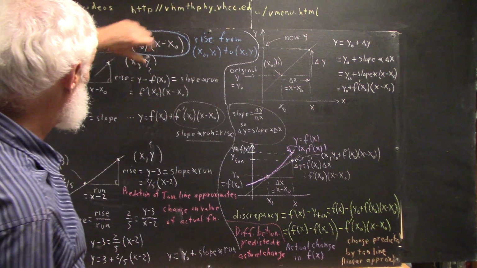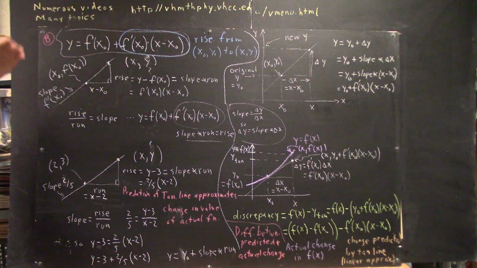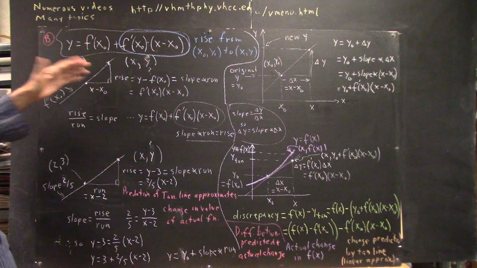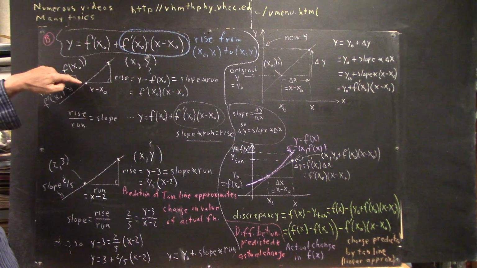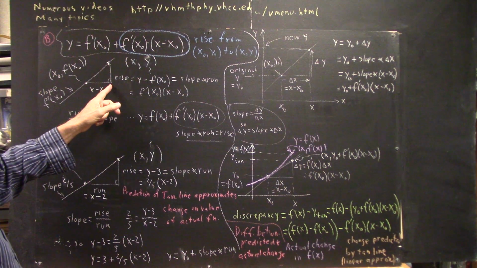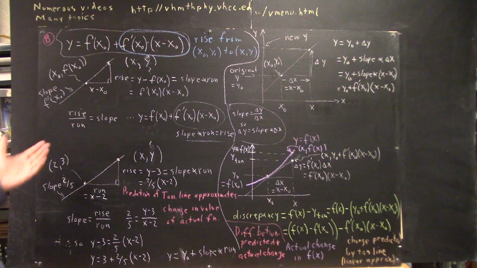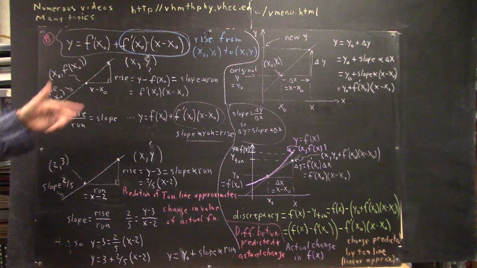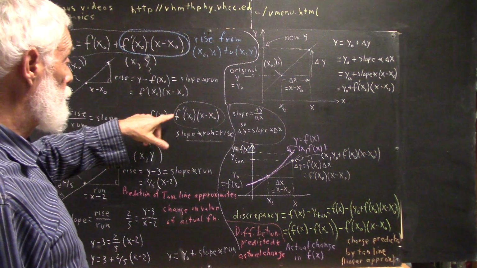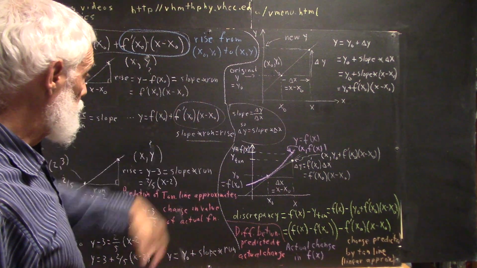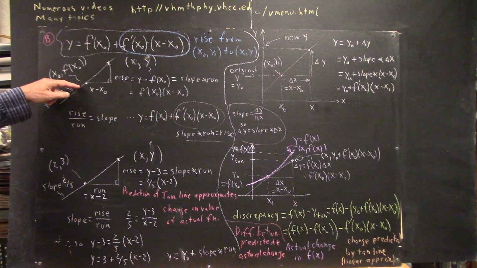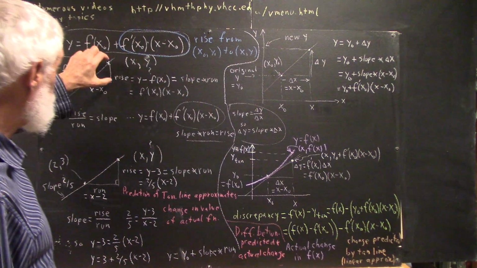So this thing represents the rise of the graph predicted along the tangent line from the point of tangency out to the point characterized by coordinate x. And we can also say, rise over run is slope, so y equals f of x naught plus f prime of x naught times x minus x naught: original y value plus the rise.